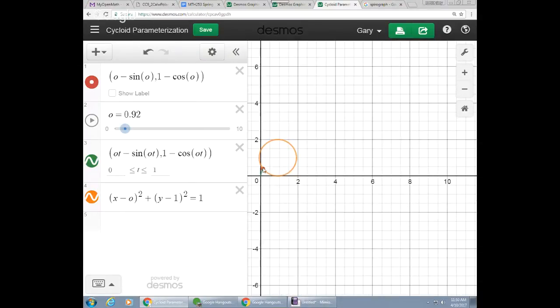Yeah. So I have this circle here, and the circle is going to roll across this flat plane, and we're going to watch the path this point makes as the circle rolls. Okay, so it rolls out and it creates this new shape. This new shape is called a cycloid.